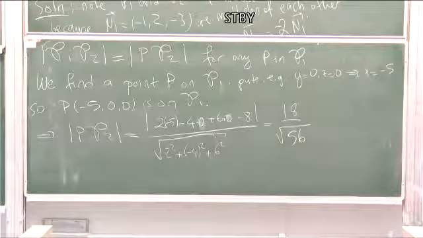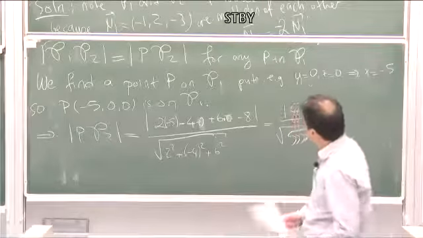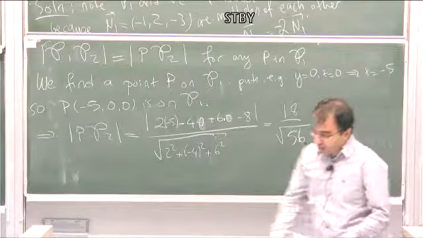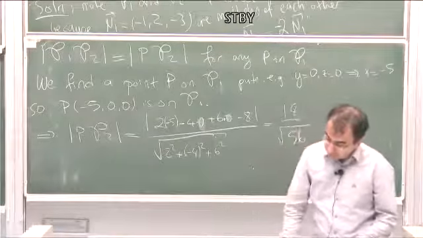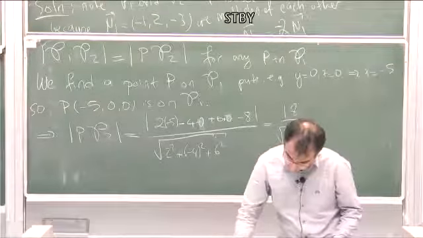So the distance from this point to this plane is 18 over square root 56, which should be the distance between these planes. All right.